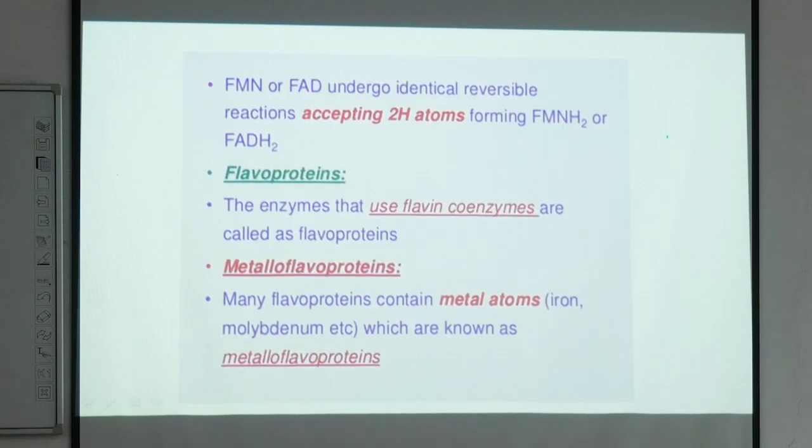Now, flavonoids accept two hydrogen atoms forming FMNH2 or FADH2. Flavoproteins are the proteins which contain these flavin compounds. These flavonoids are extremely good antioxidants. A diet rich in flavonoids helps to reduce oxidative stress in the body.